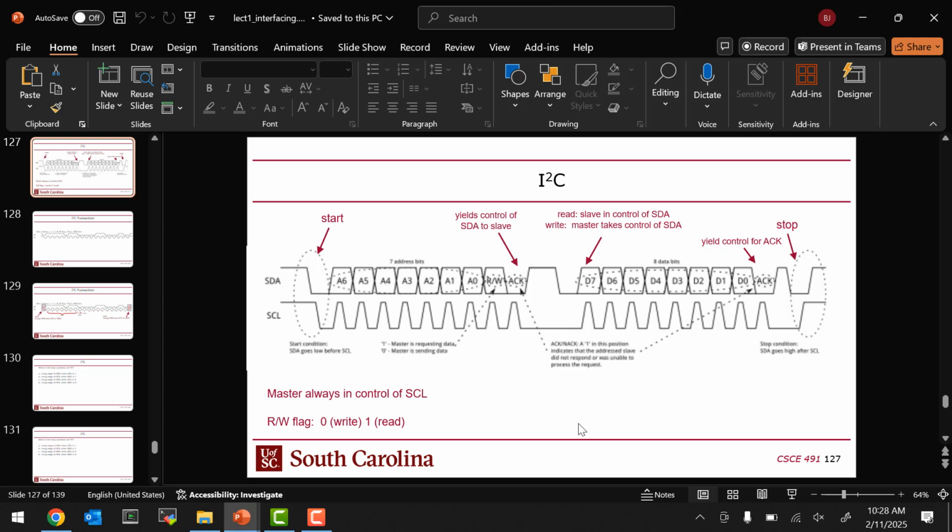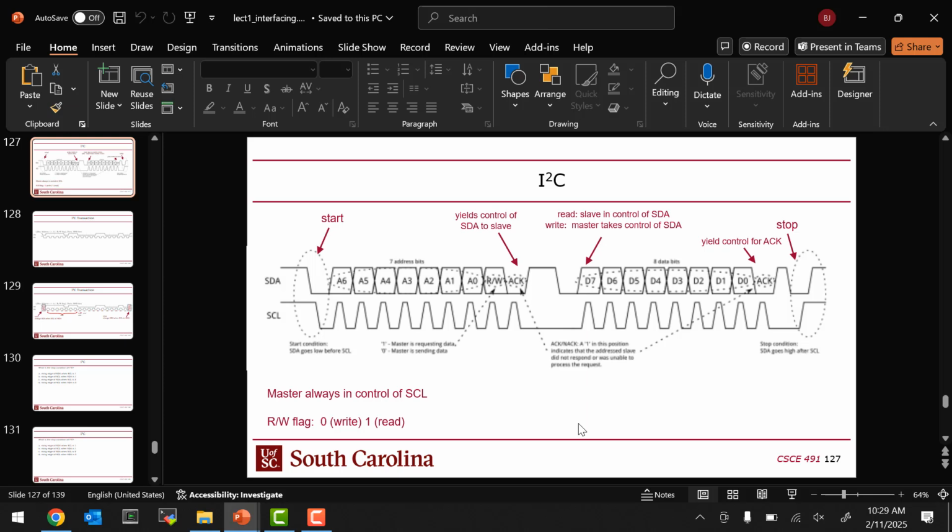Then you have a follow-up transaction where you send the device address again, but this time the read-write bit is set to read, right? And then on the second byte, the device is going to send back the contents of that register. To summarize, when you write to the sensor, it's done in one I2C transaction consisting of 3 bytes: device, address, data.